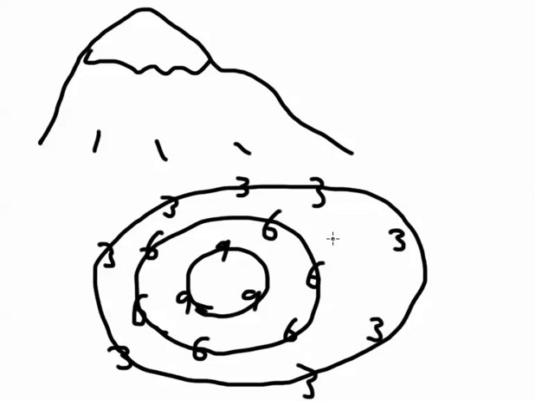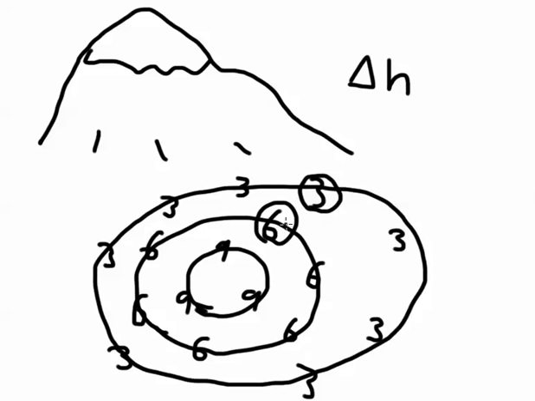So what we're going to do is say that the difference in numbers between, let's say, this and this, we'll call that difference delta H for the change in height. So the height is the number in the number map.